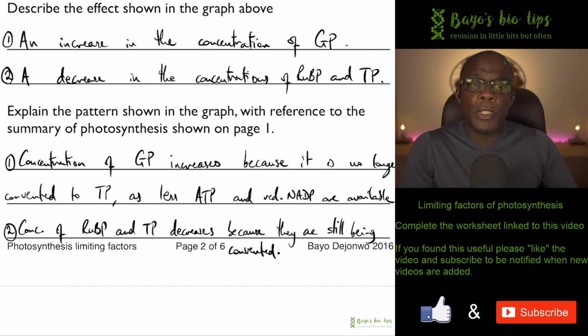So they're still being converted into the next steps because they aren't affected by the amount of light available. The only step that's affected is GP going to TP. And because the GP can't be converted to TP, it accumulates and builds up and the concentration increases, whereas the other two substances are still being converted all the way up to GP, and as such, they end up running out.